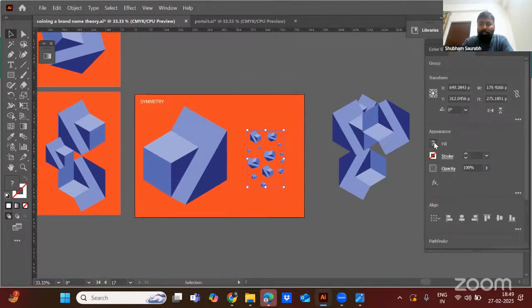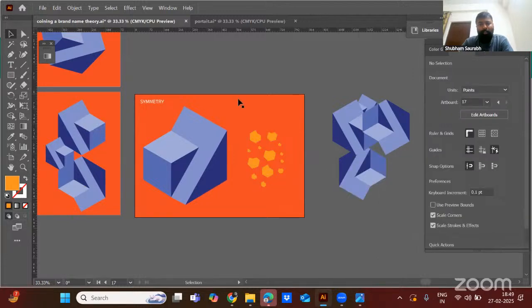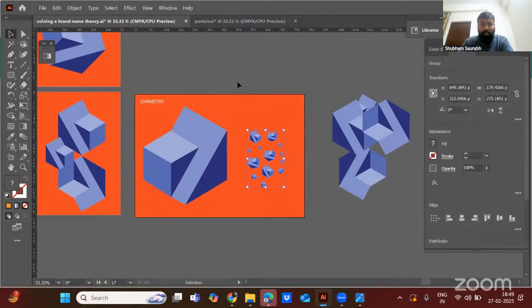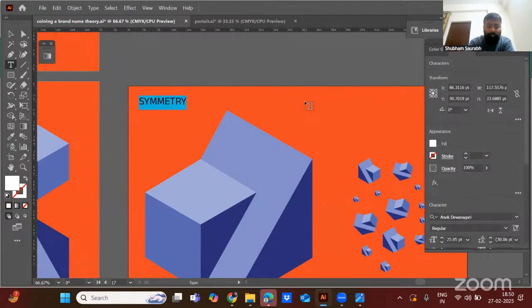So maybe the same thing, but now the 3D-ness is going anyway. So either you can change the color to the very opposite, that becomes contrasting, or you change the size, that also becomes contrasting. So contrast means which is very opposite to each other. Okay. So we have contrast.